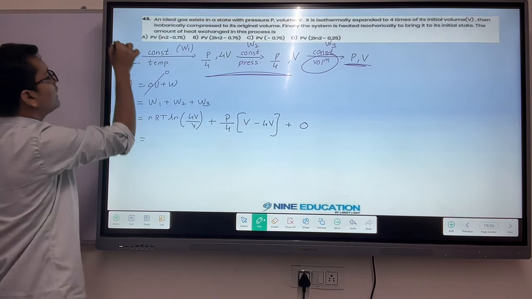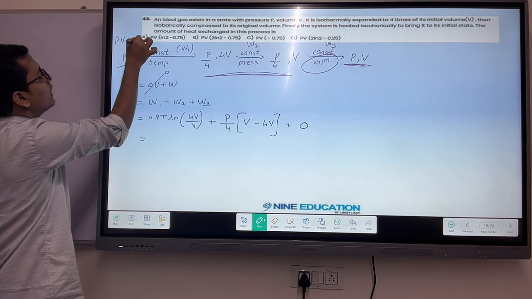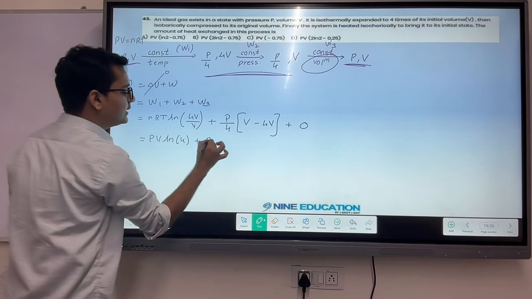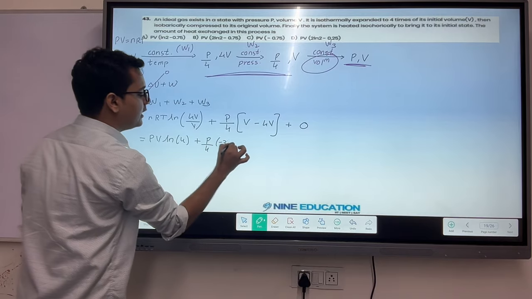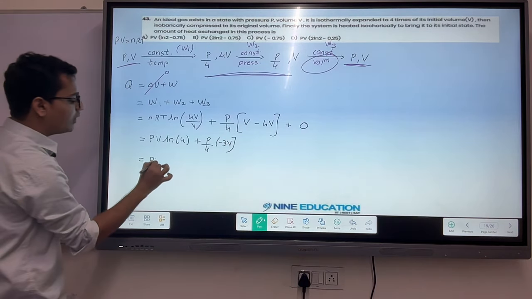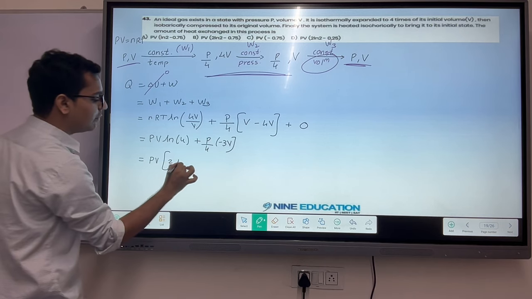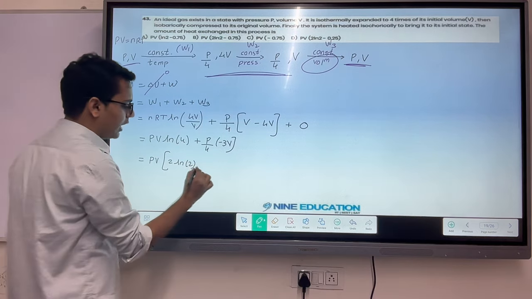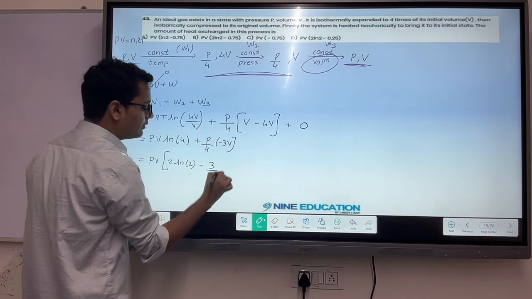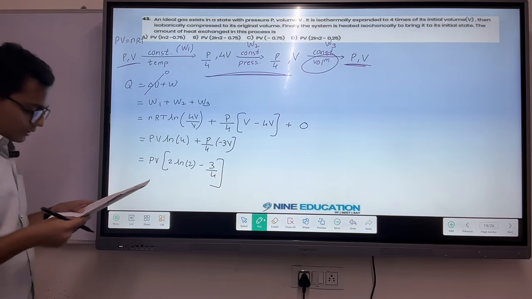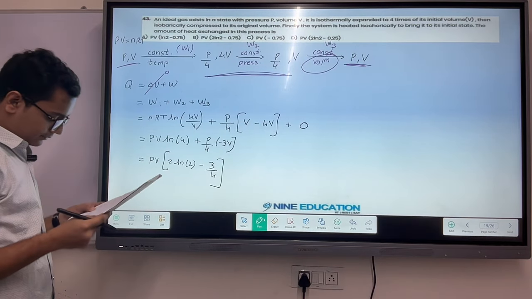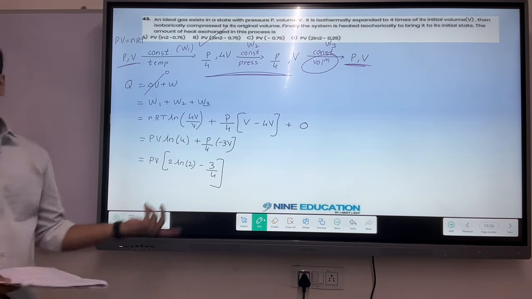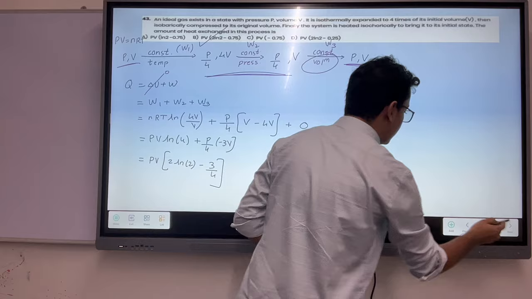What is nRT? I can write PV is equal to nRT. So nRT is PV ln 4 plus P by 4 into minus 3V. Take PV common. It becomes 2 ln 2, because 4 is 2 square, so the 2 came out of the ln, you know that, minus 3 by 4. So option B, 2 ln 2 minus 0.75. It's fine. Okay. Clear?